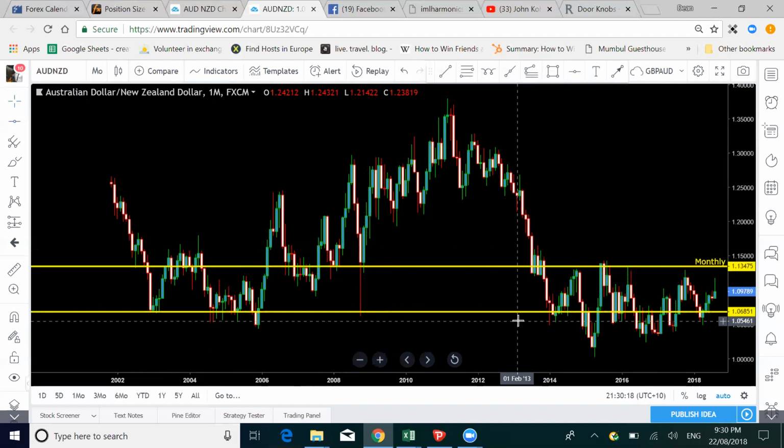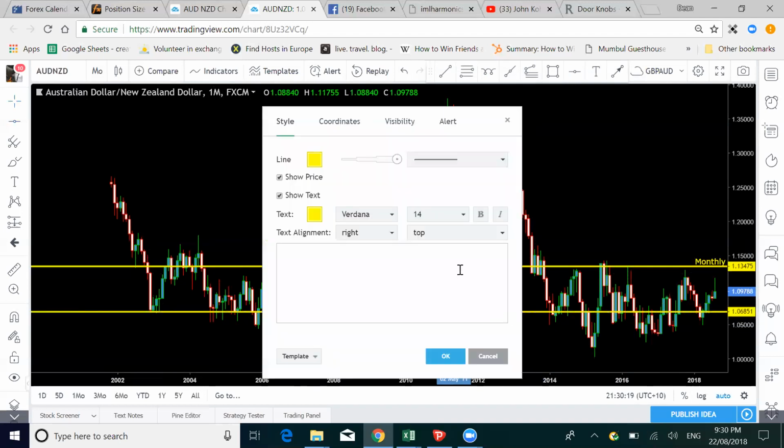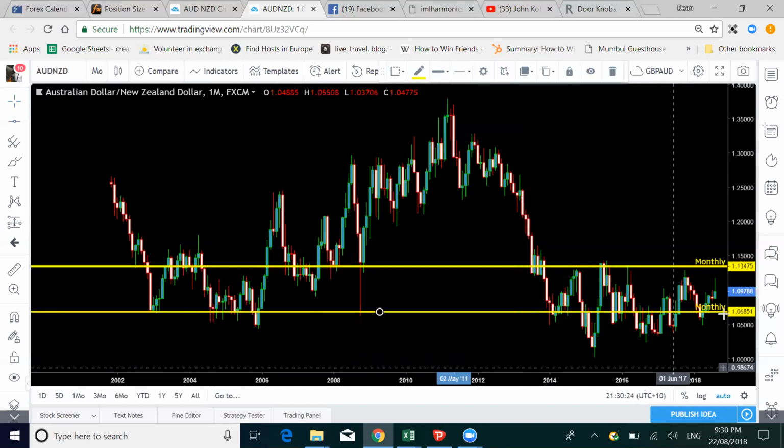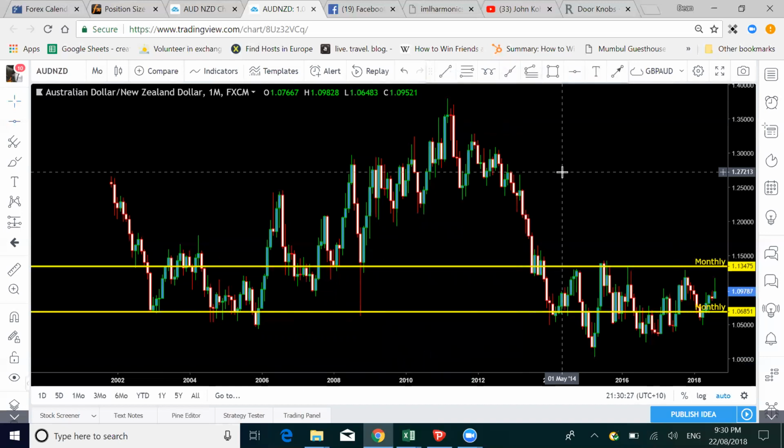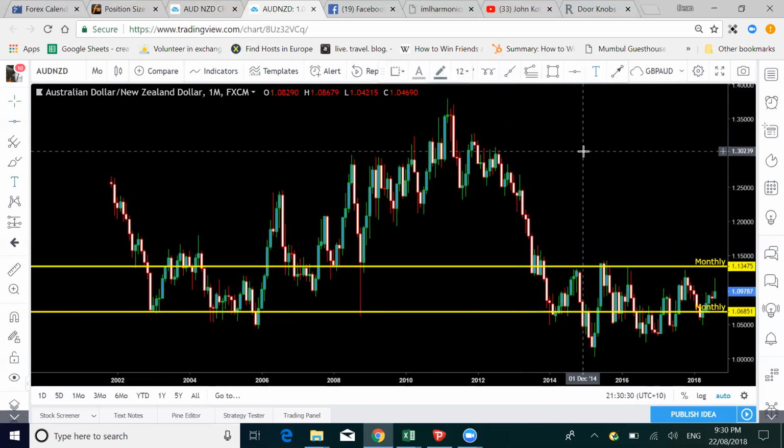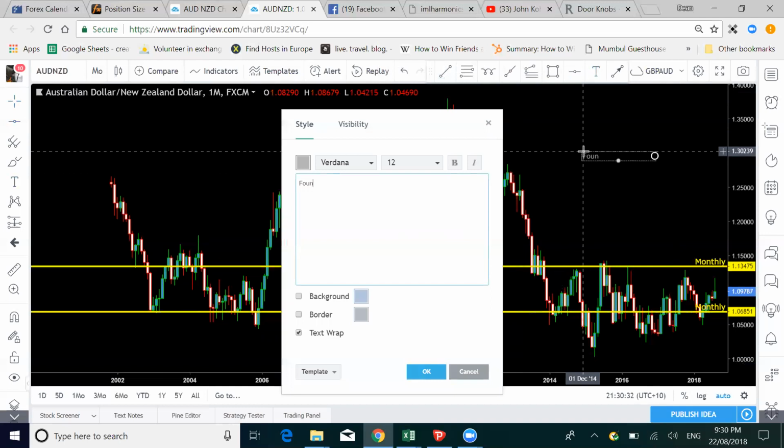Okay, so if we assume that that's going to be our foundational range, we just need to check to make sure that we are within our 1500 pips. Our foundational range will be the difference between 1.13475 and 1.06851.